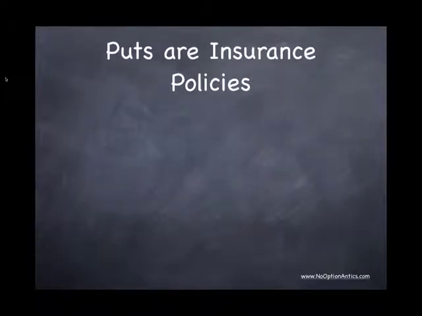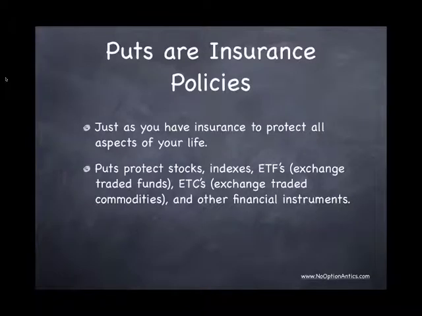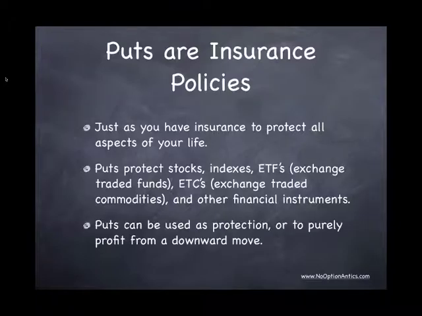Now, puts are insurance policies, and just as you have an insurance policy to protect all different types of things in your life, puts can protect your stocks, they can protect indexes or indices. They can also protect an exchange-traded fund or an exchange-traded commodity, and other financial instruments as well. That's what put options were designed for, is protection of assets.